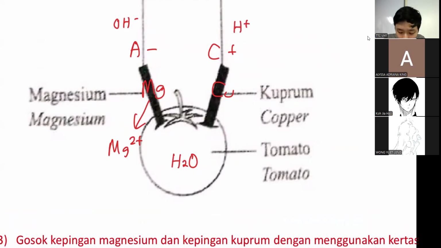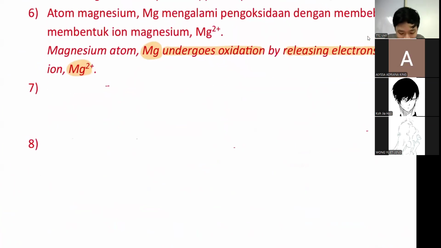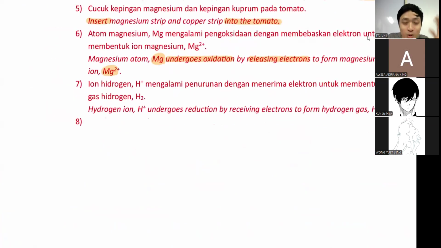It means now you don't have copper ion. So which ion undergoes reduction? H+. So H+ becomes hydrogen gas. Many students get this wrong. So for number 7, the answer should be: hydrogen ion undergoes reduction, receiving electrons to form hydrogen gas.